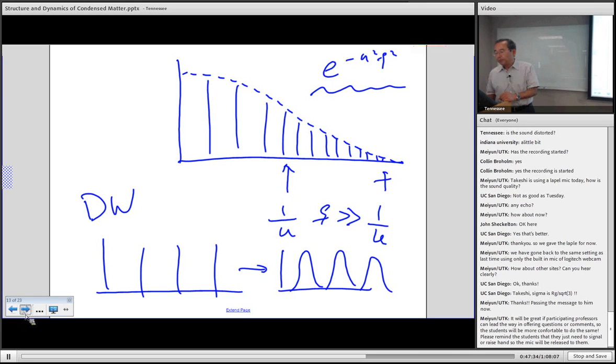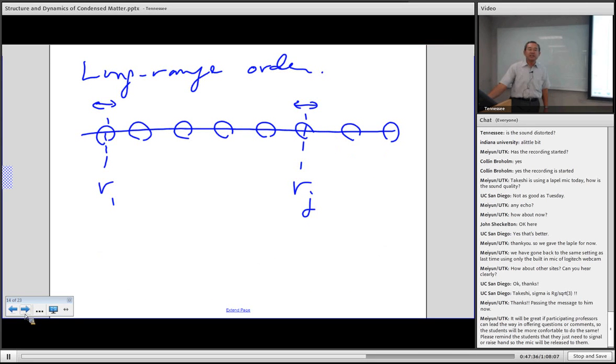Now, I discussed the case of the Debye-Waller factor due to this zero-point fluctuation and also phonon excitation. So the Debye-Waller factor becomes more quickly decreasing at higher temperature. But frequently you see other sources of so-called Debye-Waller factor.